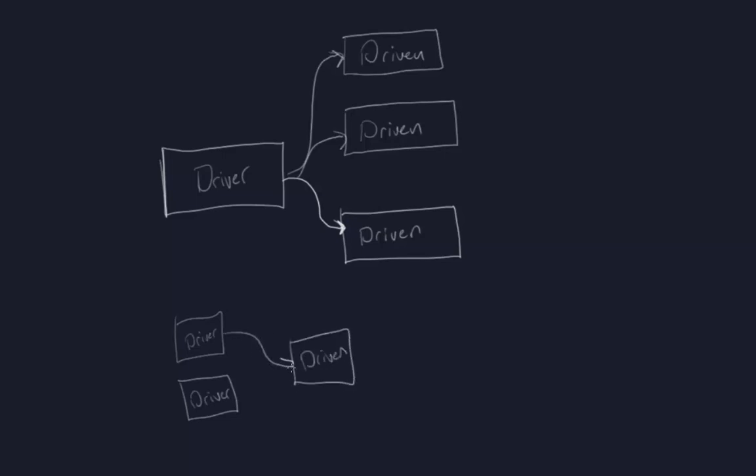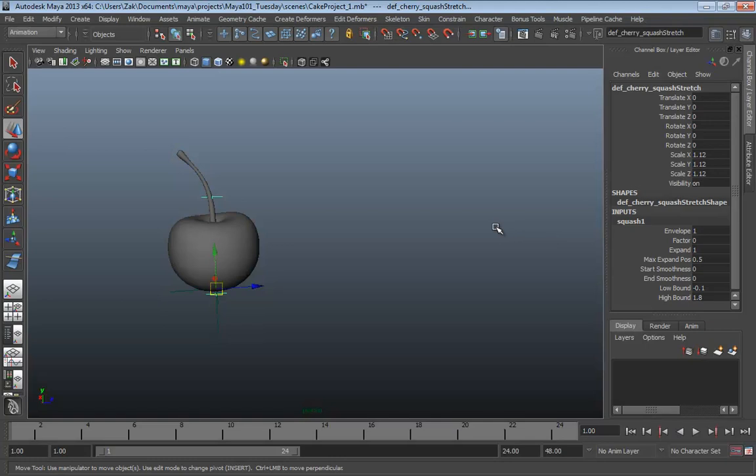They both cannot be affecting the exact same attribute. They can both be affecting the same object. One object has a lot of different attributes. But you can't have 2 different things affecting the same attribute. Again, you can find a workaround. We could take the output from 2 drivers, add them together with the use of nodes and plug the result in. So there are workarounds to that sort of thing. But it's a one-way connection, which goes back to Maya's actual architecture.